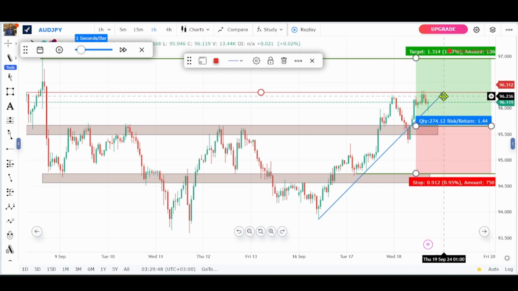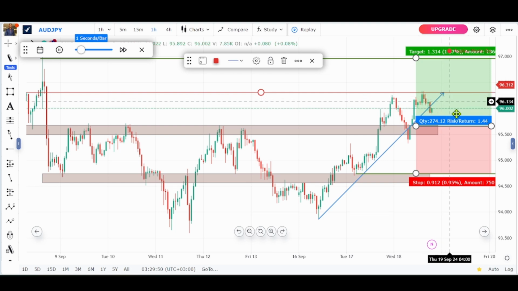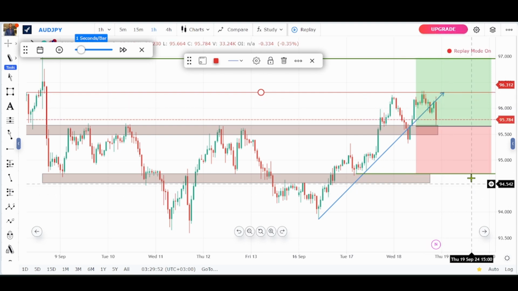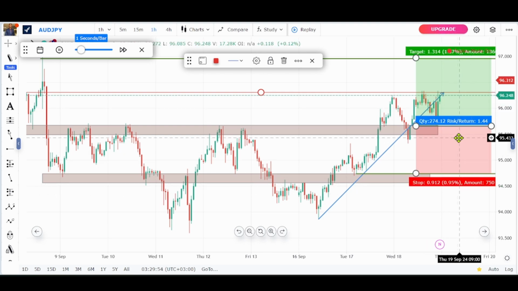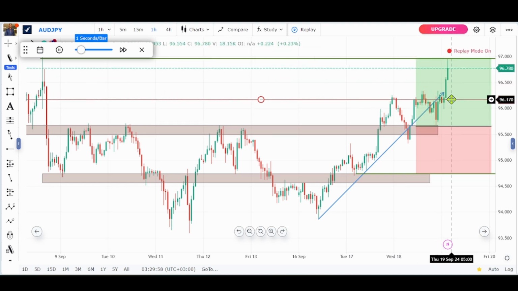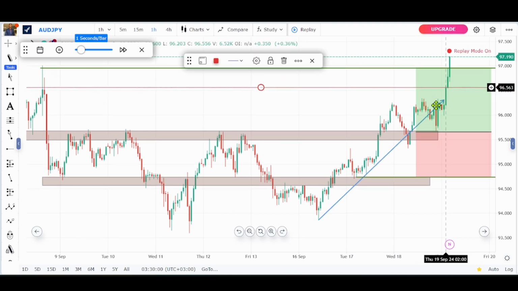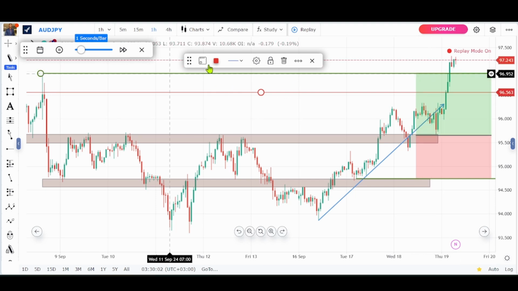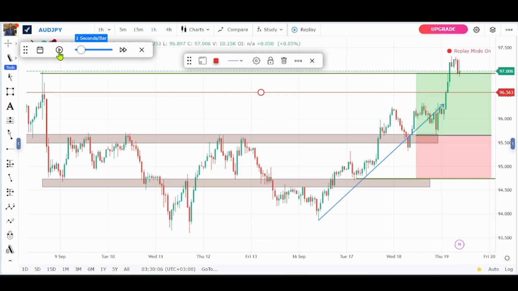This shows us that this market is in an uptrend. Boom, that's it. Our take profit is taken out.